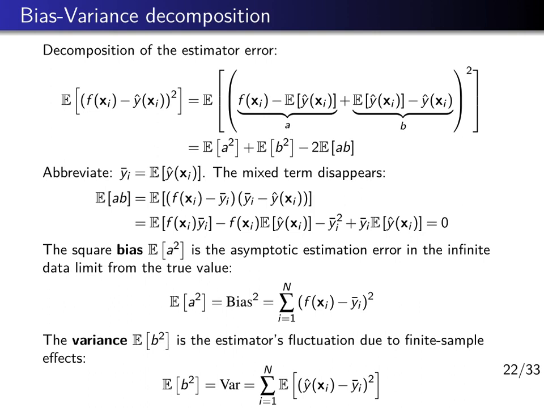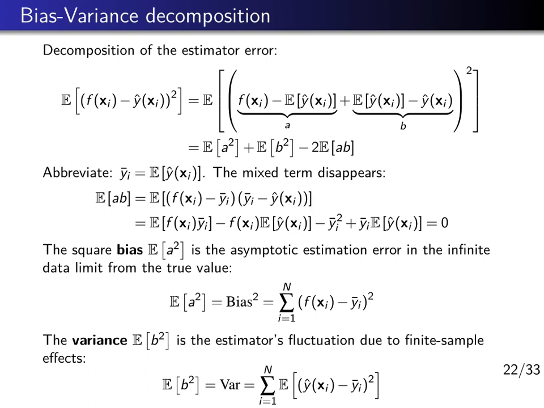So every time we make a training and prediction of the machine learning model on the validation set, we obtain a prediction y hat. So this prediction y hat fluctuates.